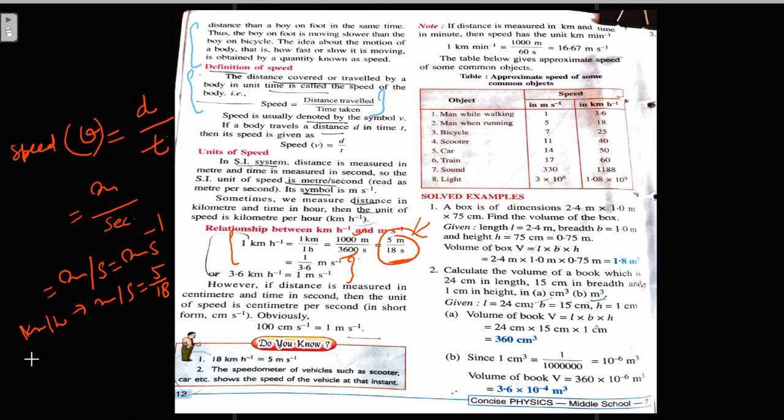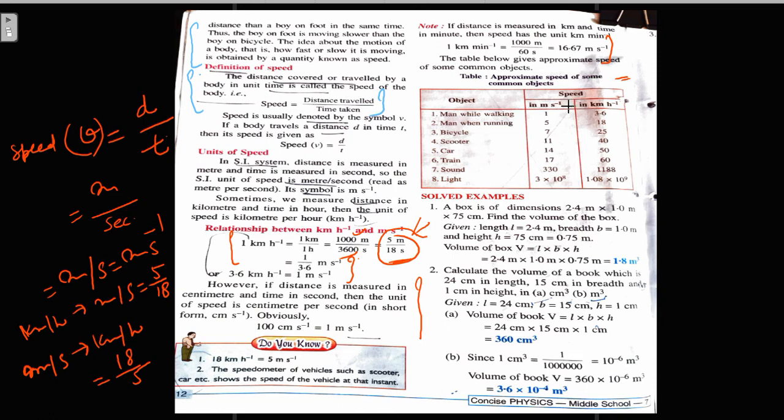In the same way, to convert meter per second to kilometer per hour, we multiply by 18 upon 5. Please keep it in mind, it will be handy while doing the numericals. If distance is measured in centimeters, then this would come here. Keep it also in mind, right?